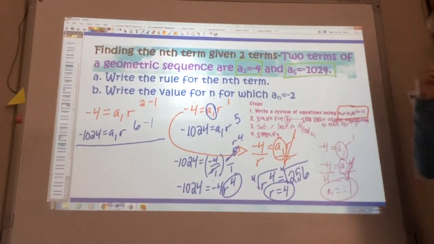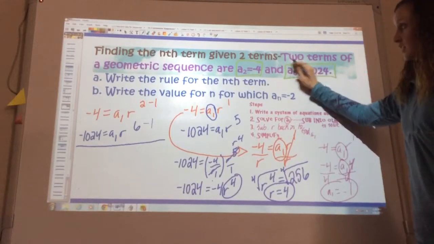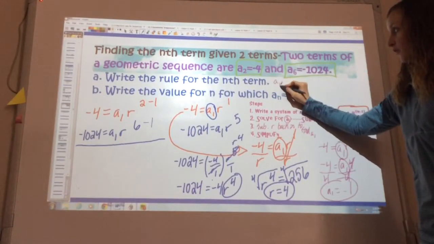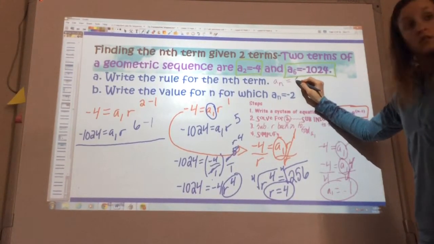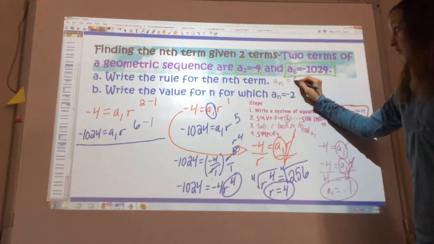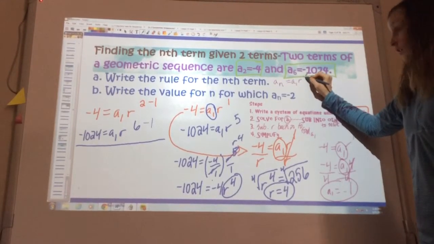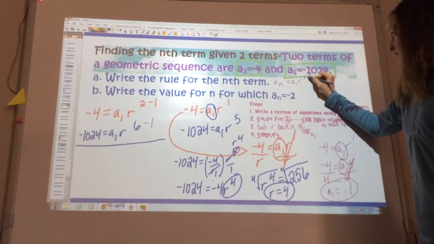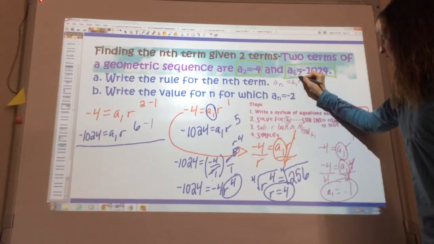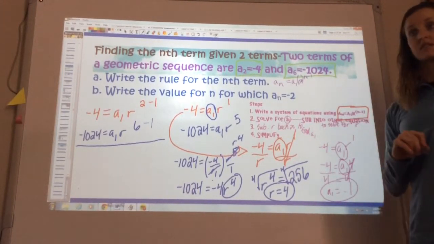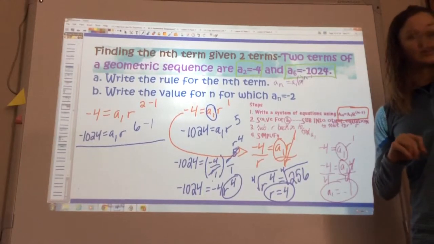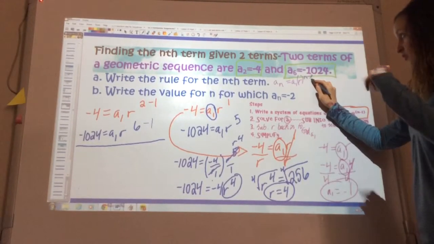Okay, write the rule. What is the geometric rule for a sub n? A sub 1 times r to the n minus 1. I would like everyone to always write r in parentheses, because remember how we talked about that yesterday? You can't combine them because this is raised to a power.